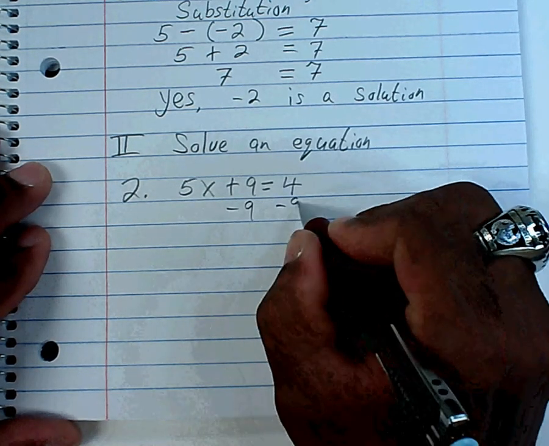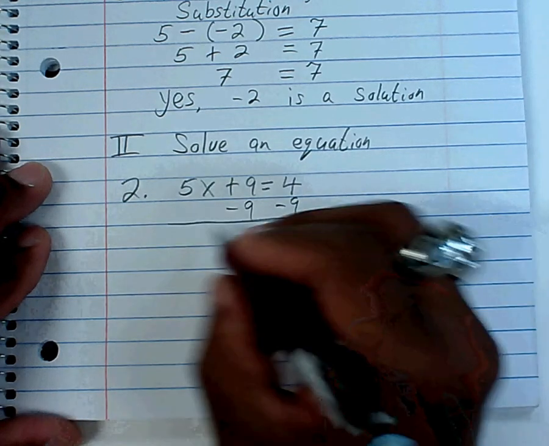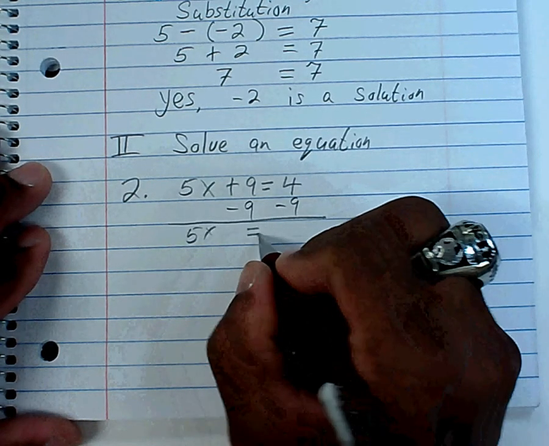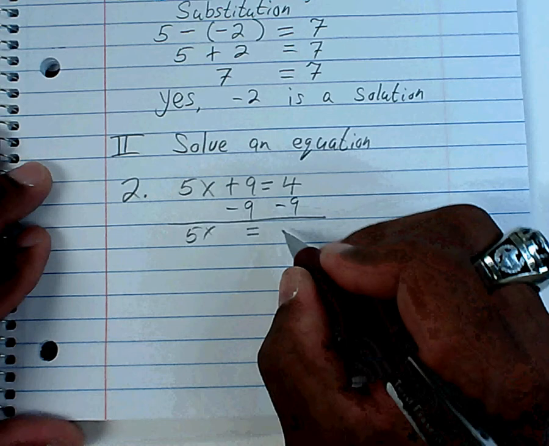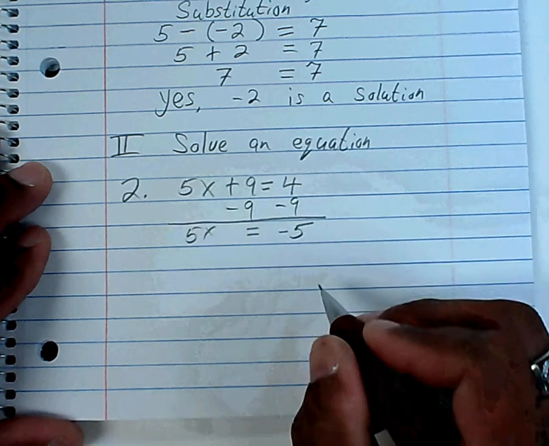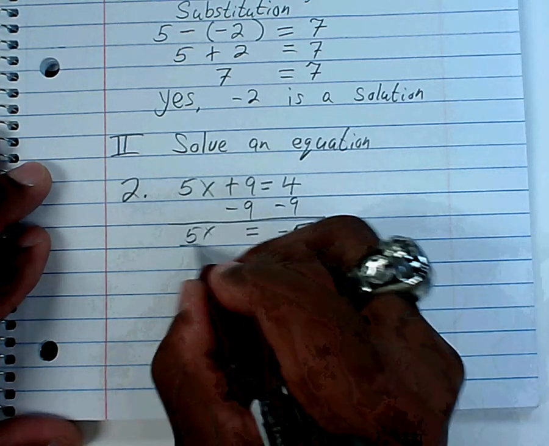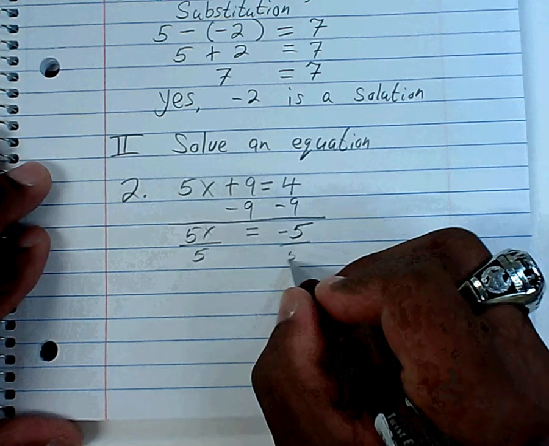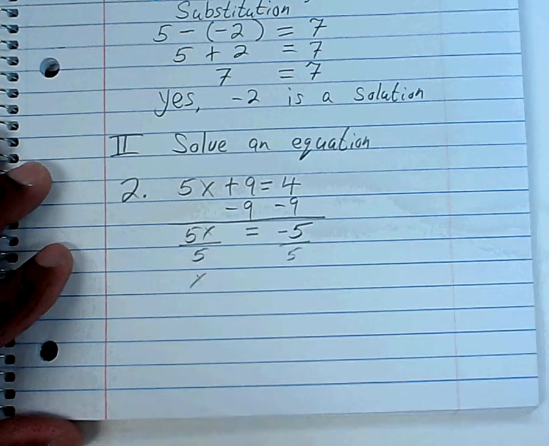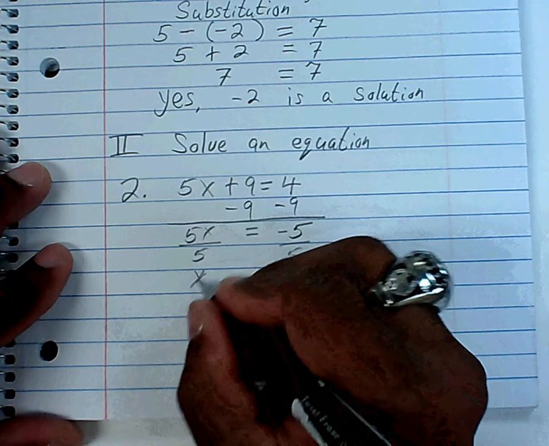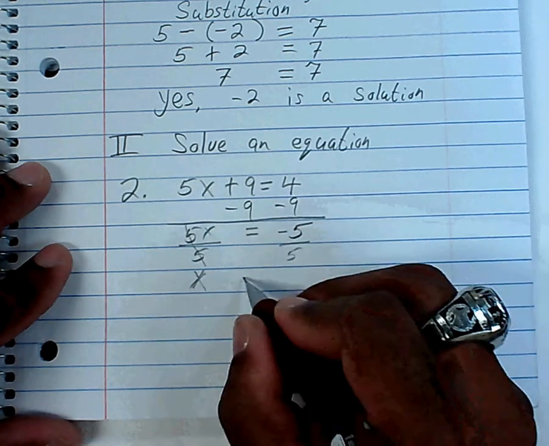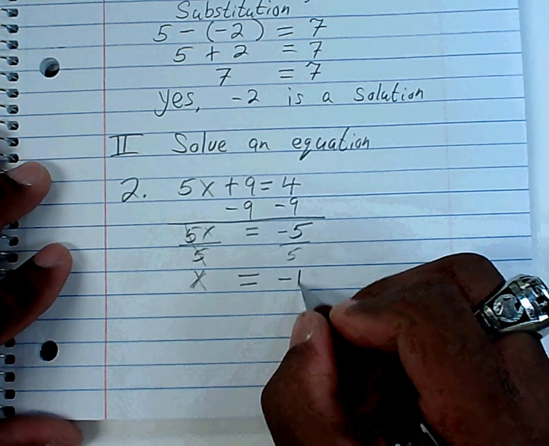Subtract 9, combining like terms, 5x equals negative 5. I need to get the variable by itself, so I'm going to divide by 5 on both sides. Where I have x left here because my 5's will cancel, equals negative 1.